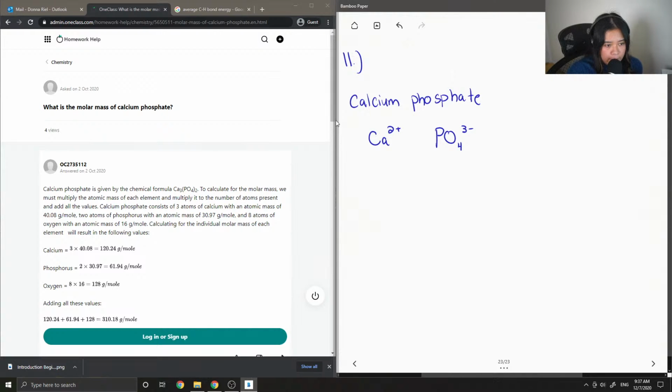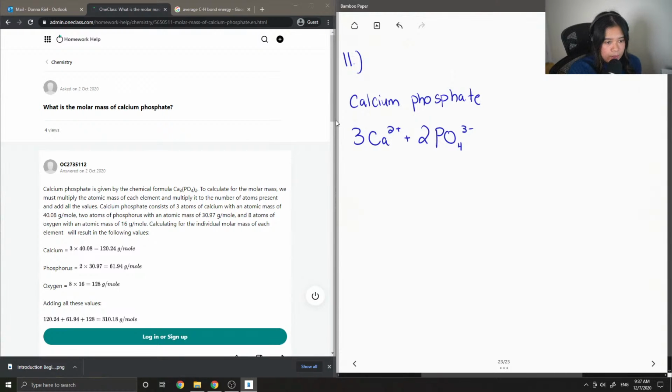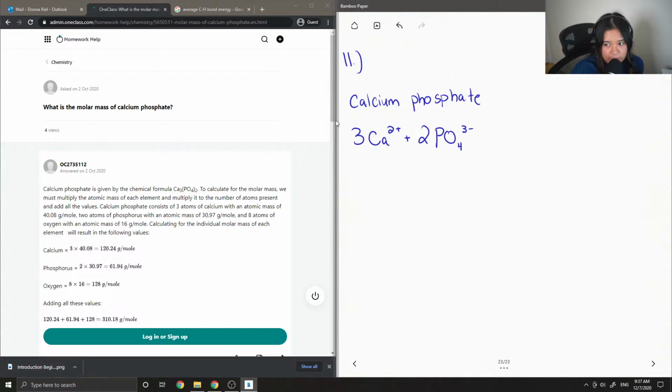So therefore, we need 3 calcium ions to neutralize 2 phosphate ions. And I did this just by doing that crossing method, since the charges will be equal to the coefficients of the opposite reactant.